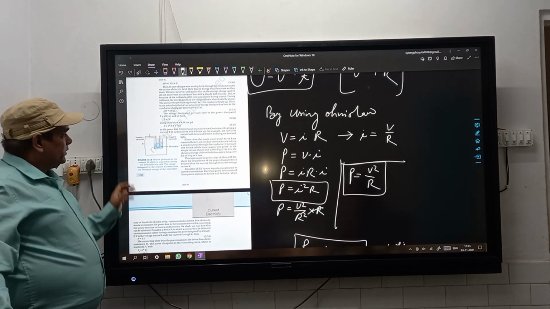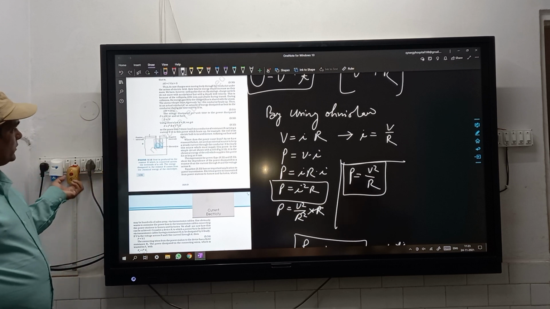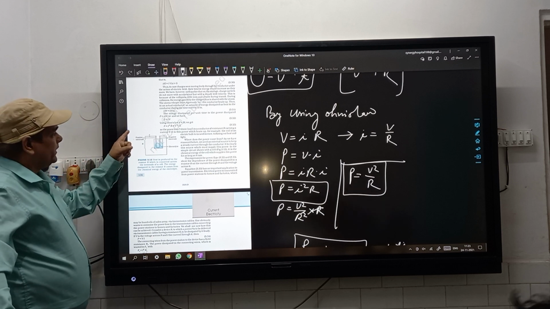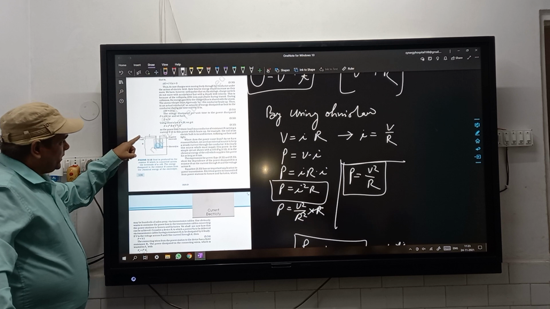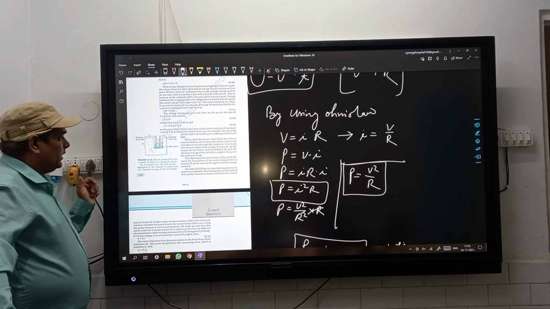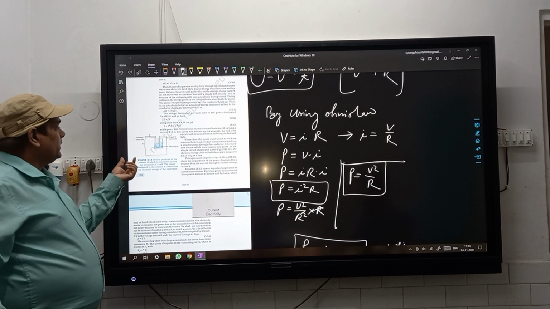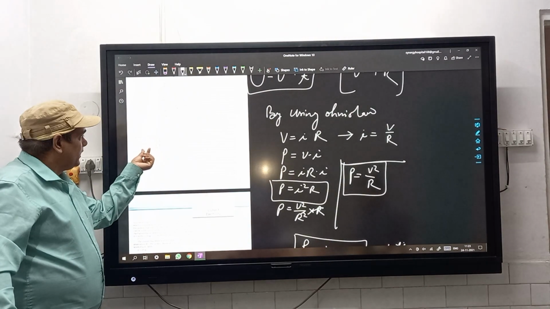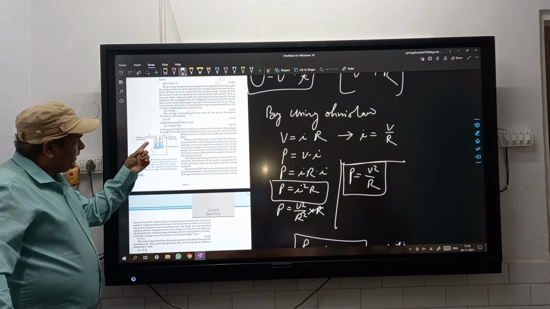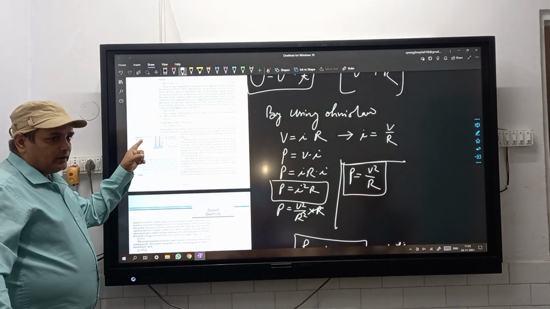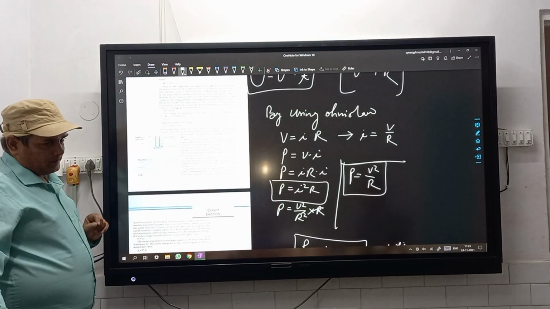Heat is produced in the resistor R which is connected across the terminals of the electrode or cell. Energy dissipated in the resistor R comes from the chemical energy of the electrolyte. Which energy is hidden in this chemical? This is electrolyte, chemical energy.